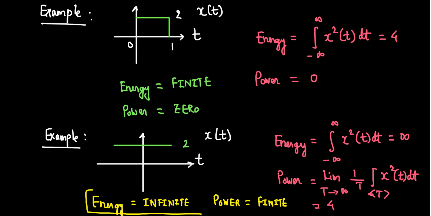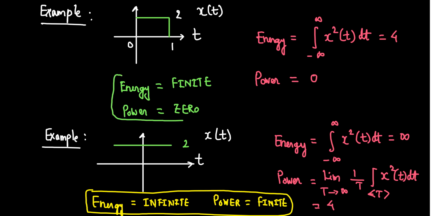So this is the second case. This is different from the previous one. In the previous case, we had the energy as finite and the power as 0, whereas in the second case we have the energy as infinite but the power as finite.